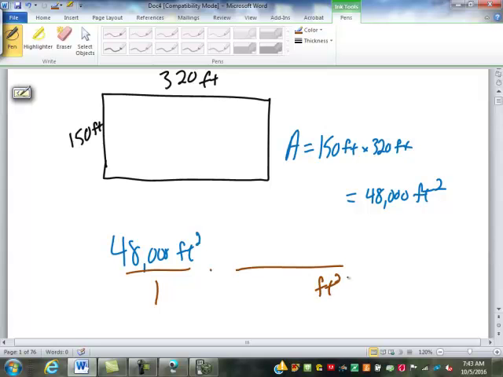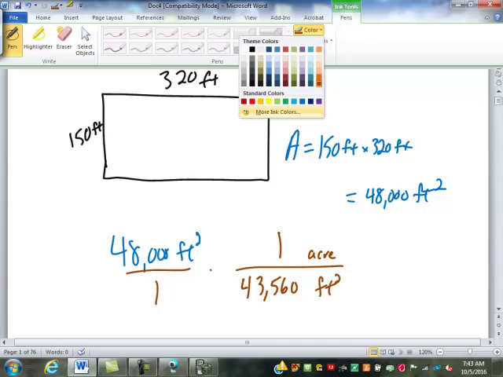48,000 square feet. How am I going to convert that into acres? Obviously, square feet go on bottom. What's going to go on top? What are we converting it to? Acres. Which one's going to be the 1? Acre is. Acre's the larger one, so that's going to be 1. And how many square feet are in an acre? 43,560. So this tells us that our square feet cancel out.